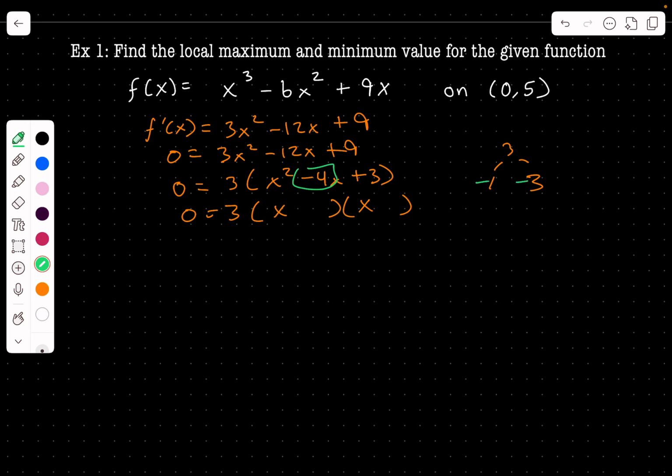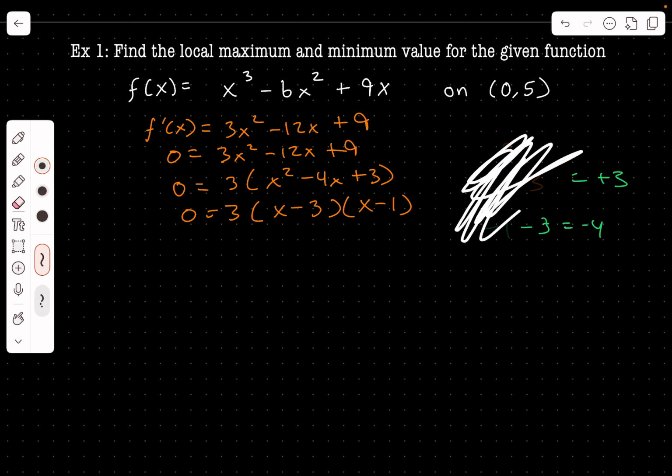Well, a -1 and a -3 when multiplied gives us a +3, and when added to each other, we get a -4. So this is going to work perfectly. So inside here, we're going to put a -3 and a -1.